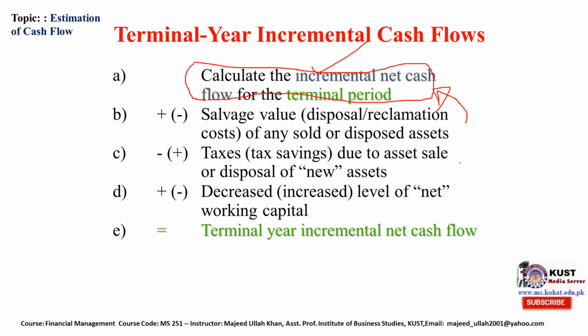If there is an increase in tax, we will deduct it. If there is any decrease in working capital, we will also add it back. If it increases, we will deduct it. So it will give us the net terminal year incremental net cash flow.